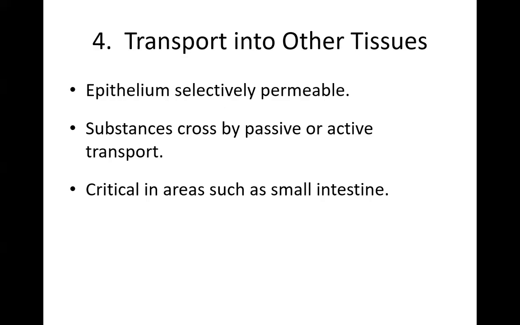Okay, so transport into other tissues. The epithelium is selectively permeable, and the substances cross by passive or active transport. They are critical in areas such as the small intestine.